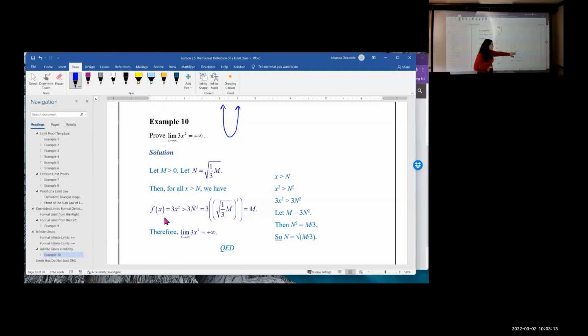So 3x squared is greater than 3N squared. And you choose M to be 3N squared. Then N squared is going to be M over 3. So N is the square root of M over 3. All right, so this is your scratch work side. And again, I will not ask you for one of these on the test.